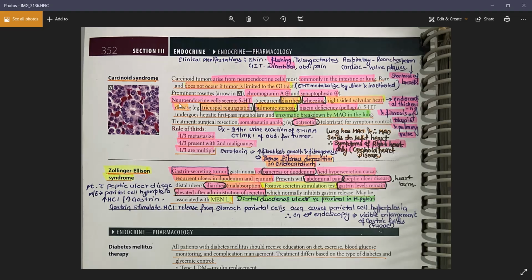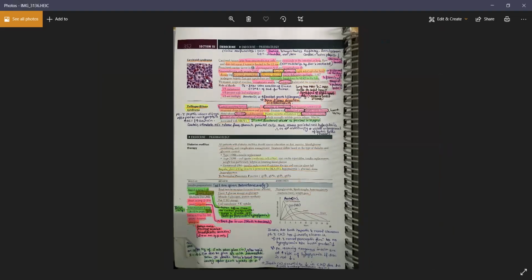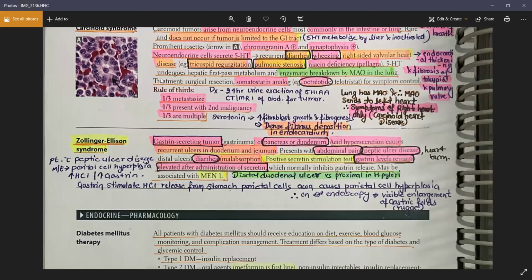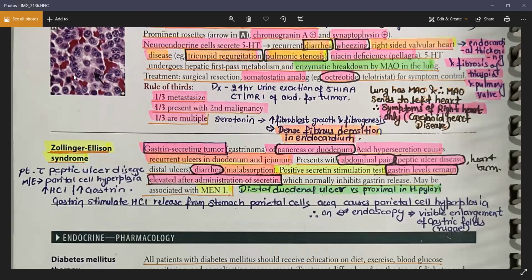Just like any other neuroendocrine tumor, you will have synaptophysin, you will have chromogranin, you will have neuron-specific enolase positive, you will have prominent rosettes in it. As you can see, all the circular islands surrounded by the cells, and these cells have a granular appearance of the cytoplasm, and all of the cells are bluish.